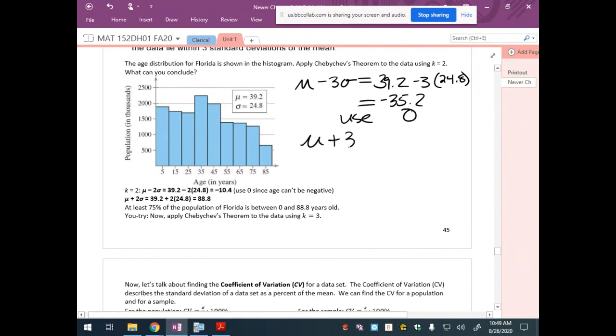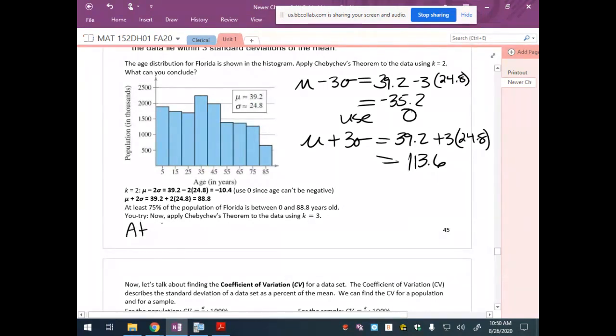The mean plus 3 standard deviations would be 39.2 plus 3 times 24.8, which is 113.6.